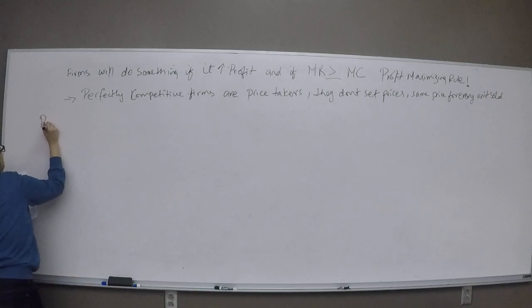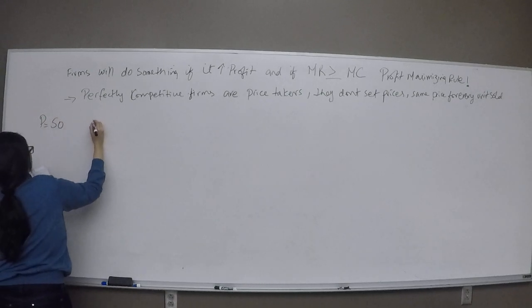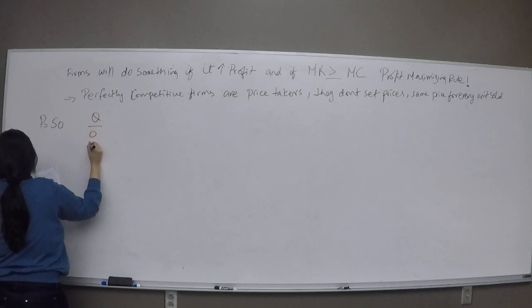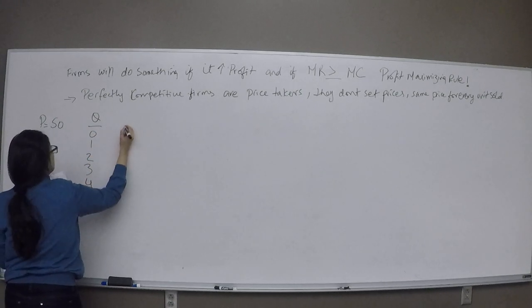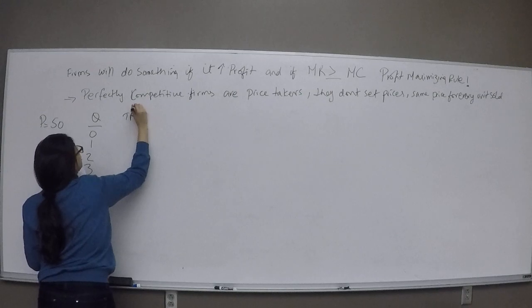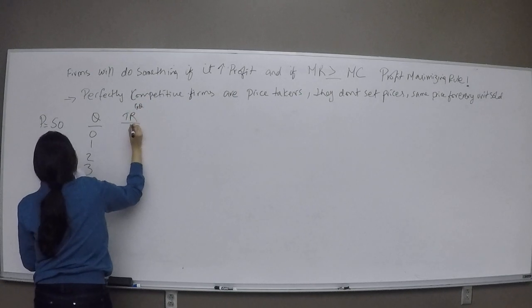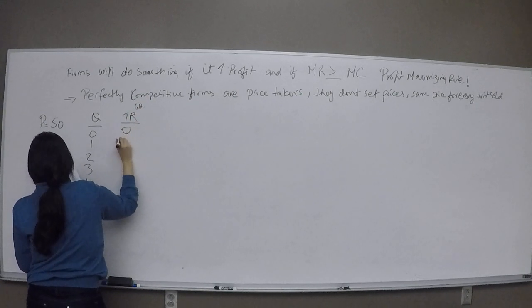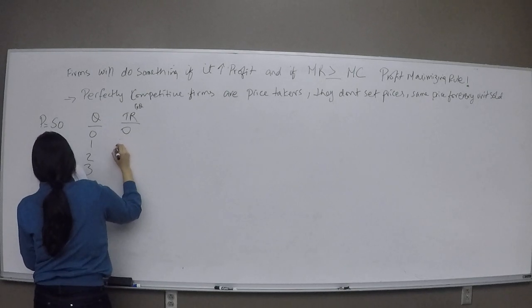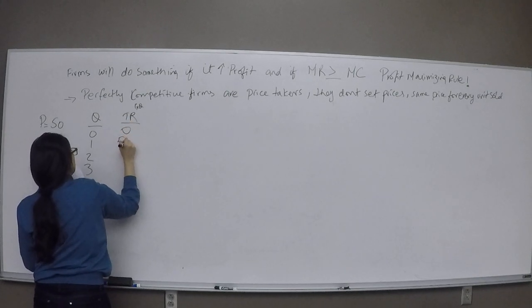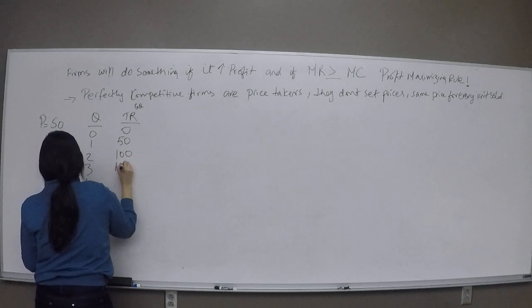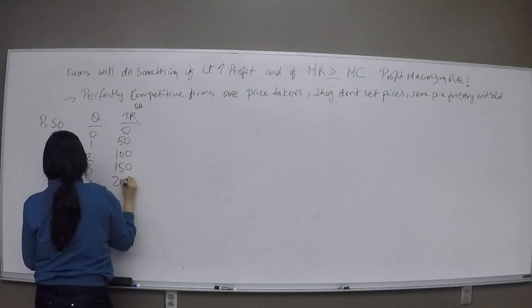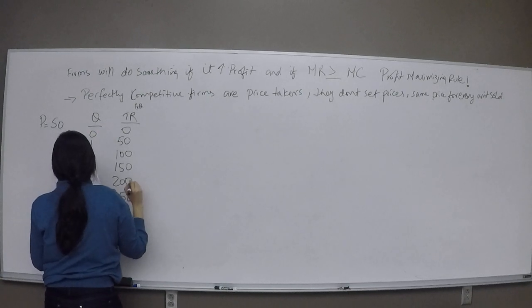So let's say price is equal to 50. Quantity is 0, 1, 2, 3, 4, 5. Total revenue, which is price times quantity, you can calculate it. 0, 50, 100, 150, 200, 250.